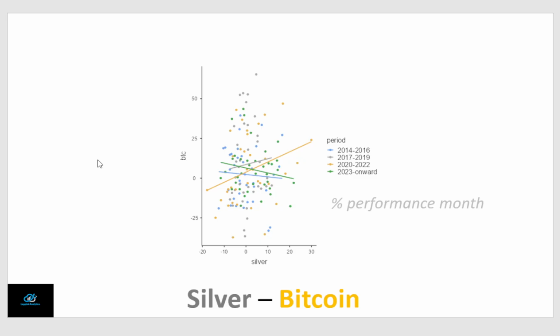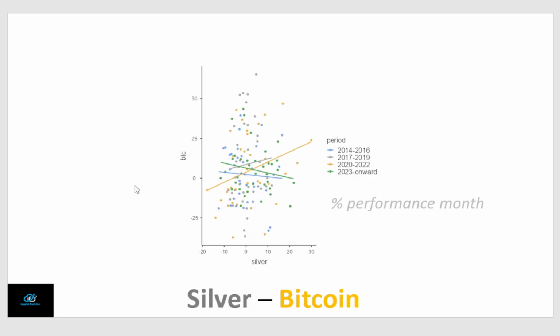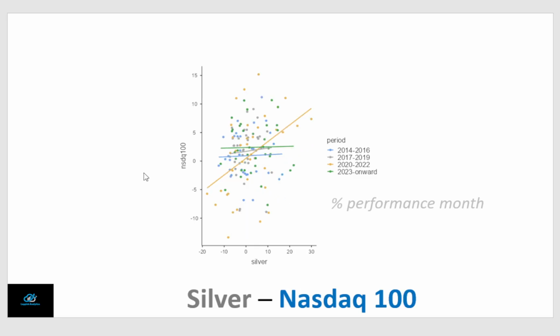Silver versus Bitcoin, we see something quite similar to what we see for the previous one, which was gold versus the Nasdaq. So here we see silver versus Bitcoin, a positive relation in the COVID period. And then, well, it's slightly different or mixed in the other three periods, and definitely not positive in the last 3 years.